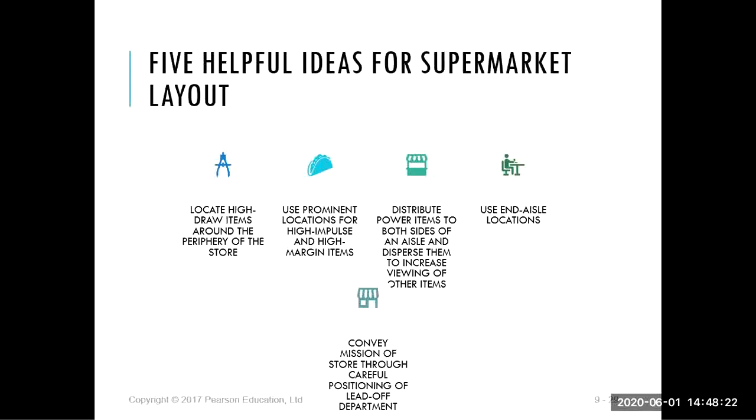So you have to make sure. When we go to Tesco or Giant, the high volume, high draw items are the wet area, like fish, chicken, meat, all of that.